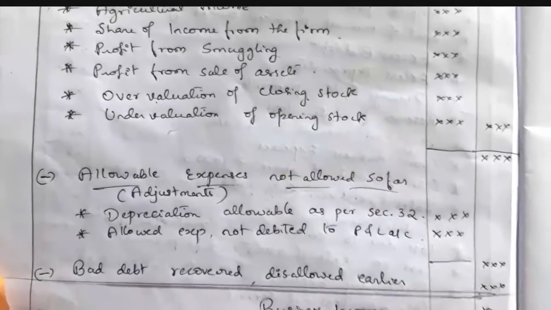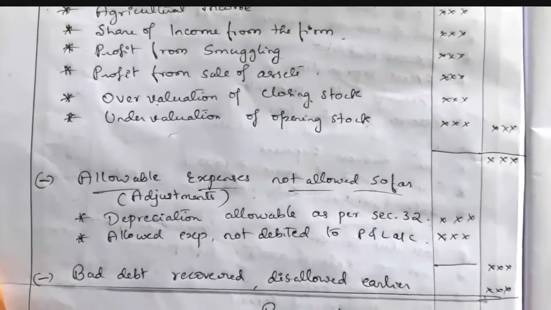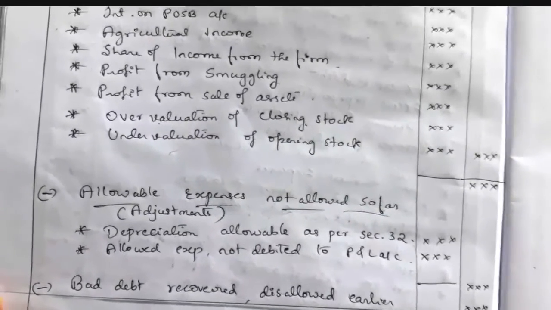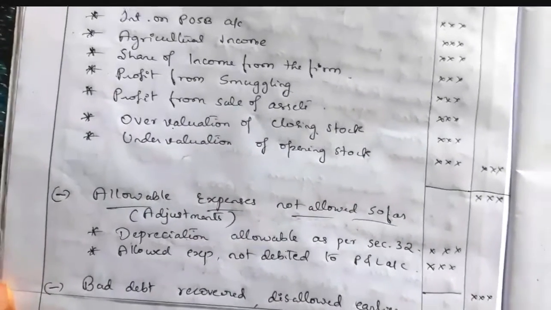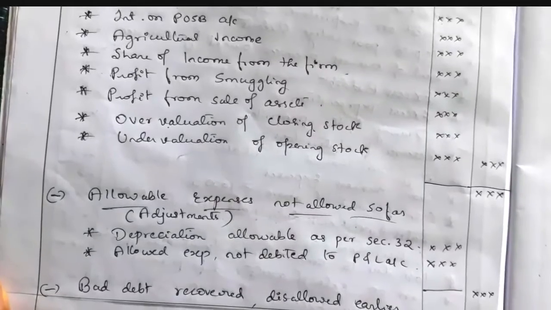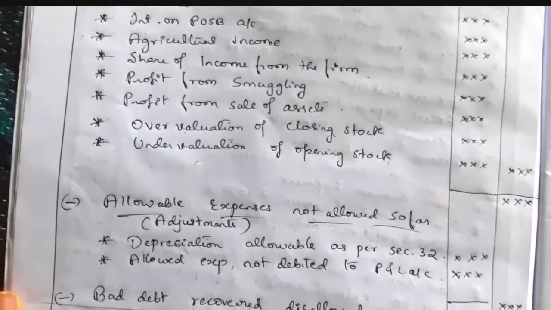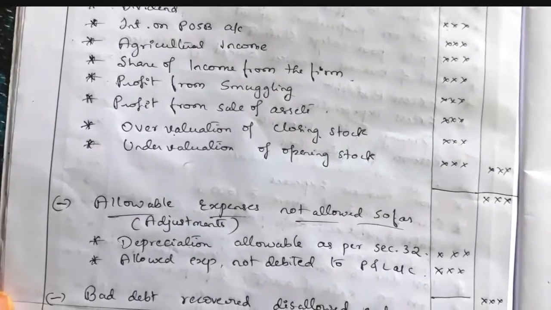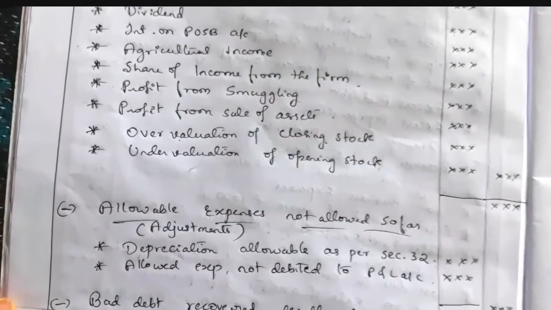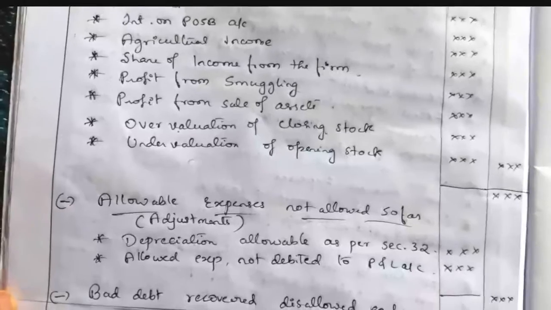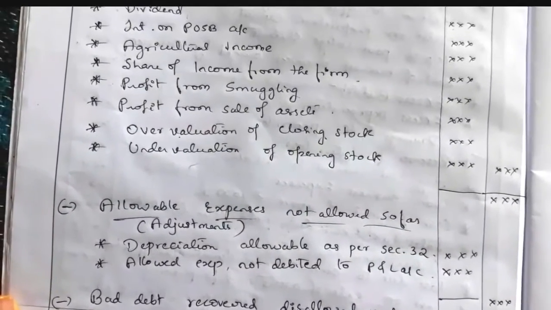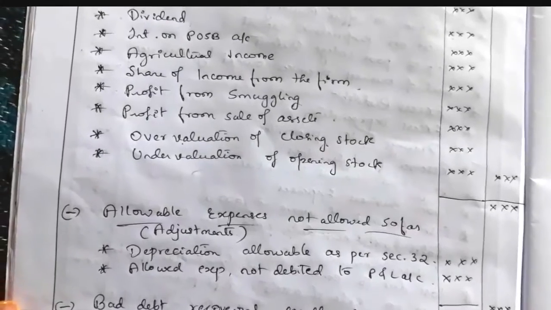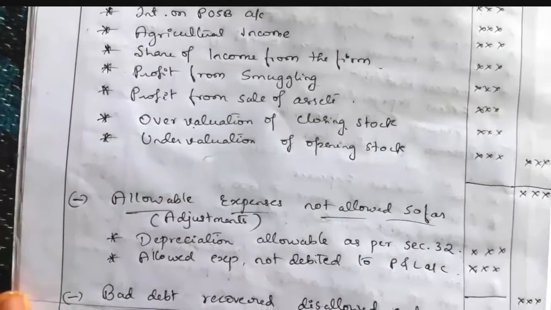For example, take 10,000 of bad debt allowed in the previous year. In the previous year's profit and loss account, the business thought that a debt of 10,000 value was not going to come back, so it became bad debt. They recorded it on the debit side of the profit and loss account.